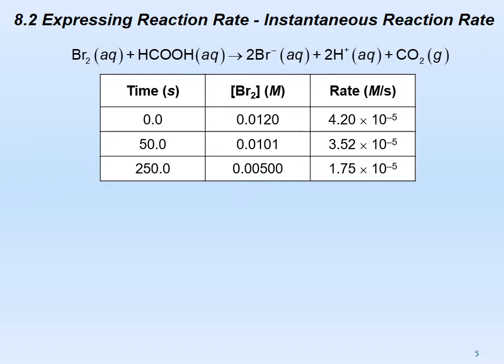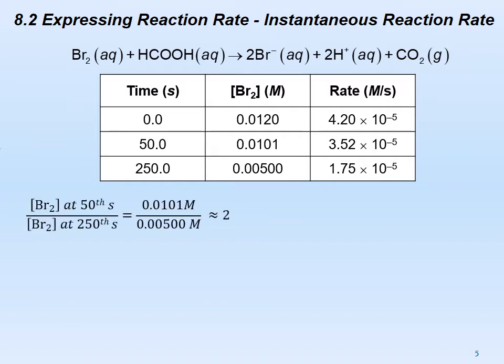In what manner does the concentration of bromine decrease, and in what manner does the rate decrease? When we divide the concentration of bromine at the 50th second by the concentration of bromine at the 250th second, that is 0.0101 molar divided by 0.00500 molar, we get roughly 2.